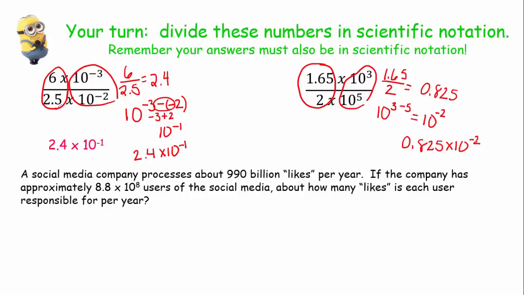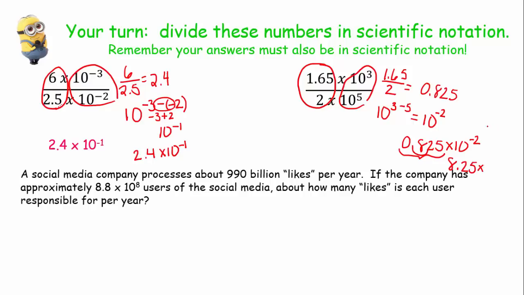But wait a minute, is this in scientific notation? No, it's not, because we have a little issue here with our front factor. 0.825 is less than 1, and we need to make sure that it is greater than or equal to 1 and less than 10. So I have to move this decimal point one place to the right. That gives me 8.25.